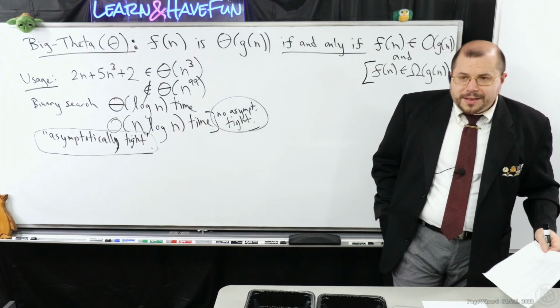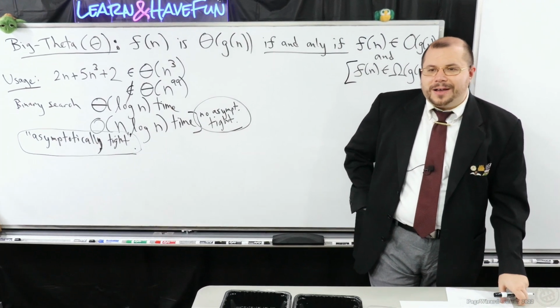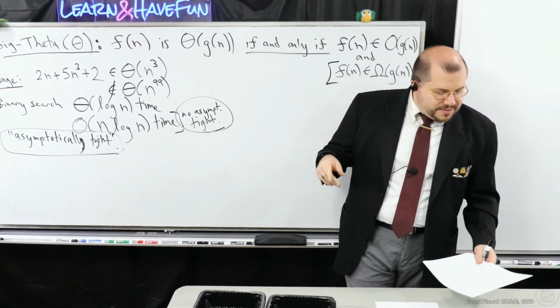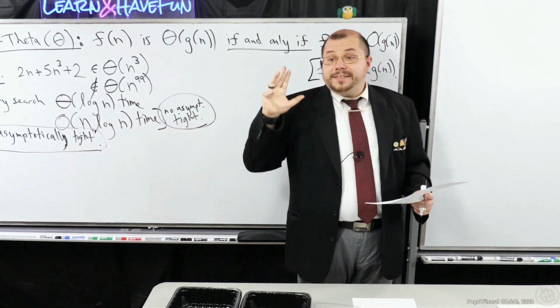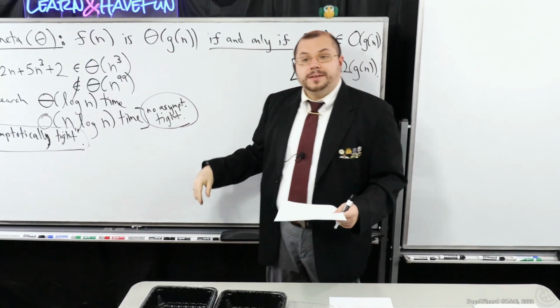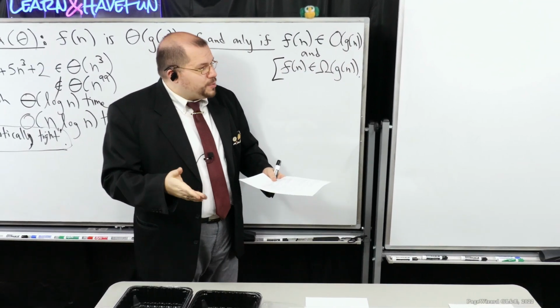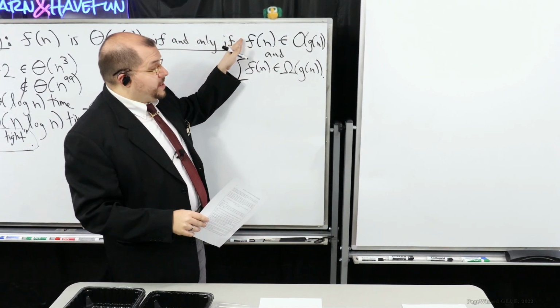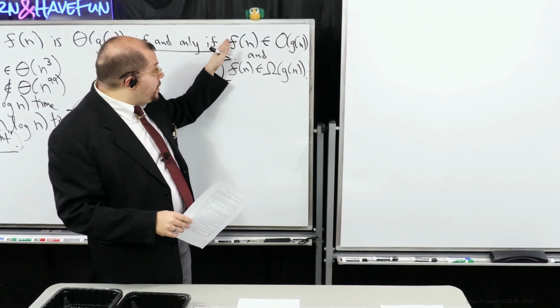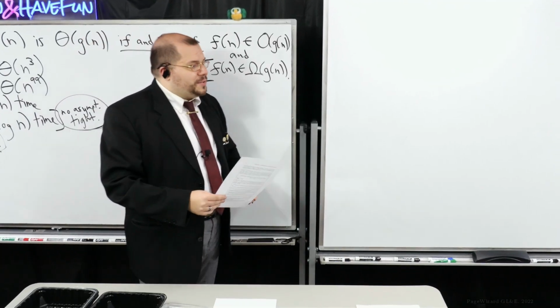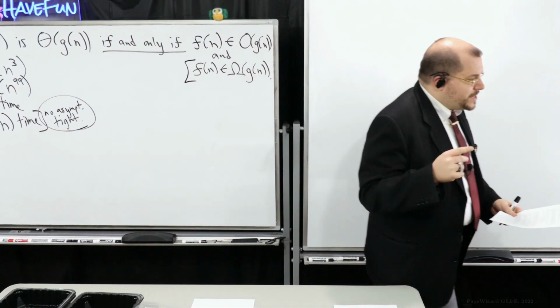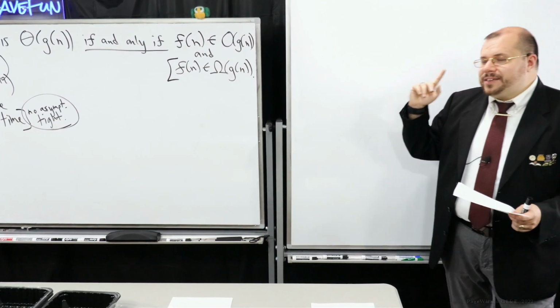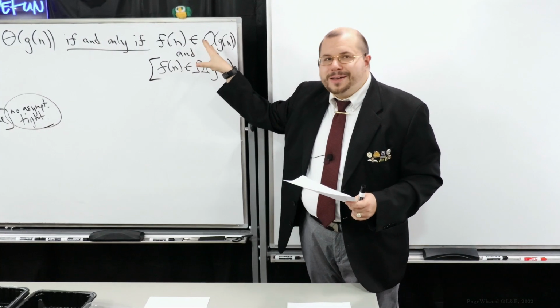So now that we've talked about that, we have a definition for big theta. Let's do an example. As I've suggested with our definition, if I want to prove a big theta claim, I need to establish both of these things together. So these both have to be true. Remember, this is a statement about functions.